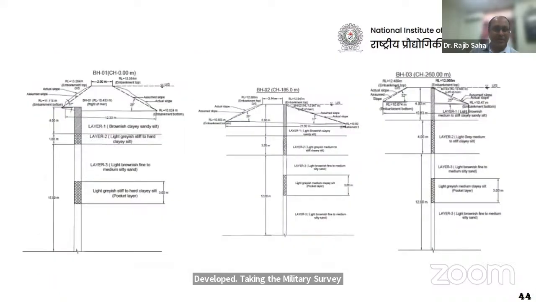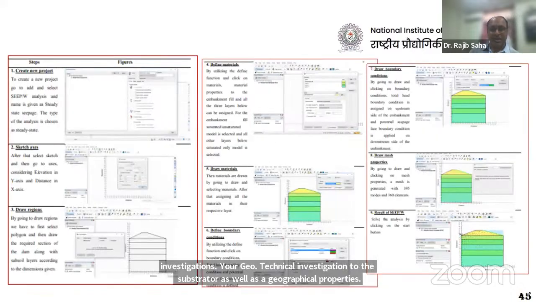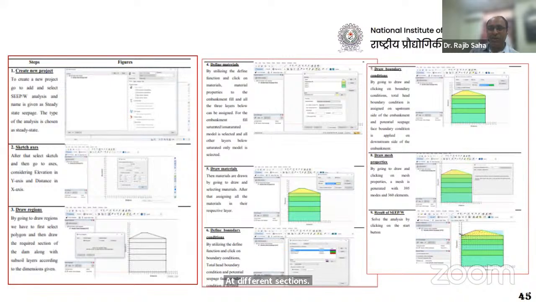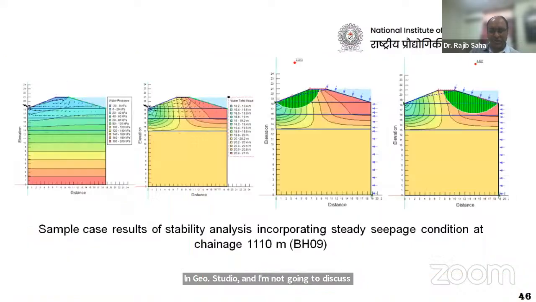We have done several geotechnical investigations to assess the subsoil strata as well as the geotechnical properties at different cross sections. After this, we performed numerical analysis in GeoStudio, and I'm not going to discuss every step in GeoStudio.